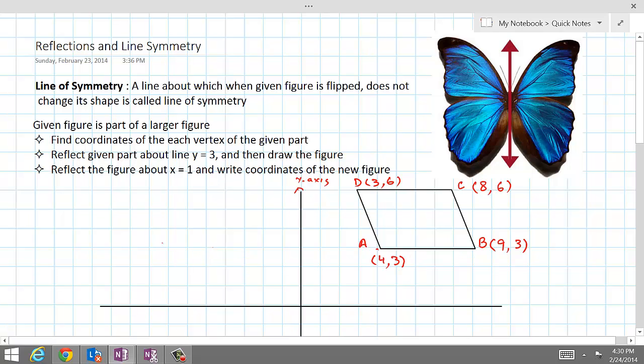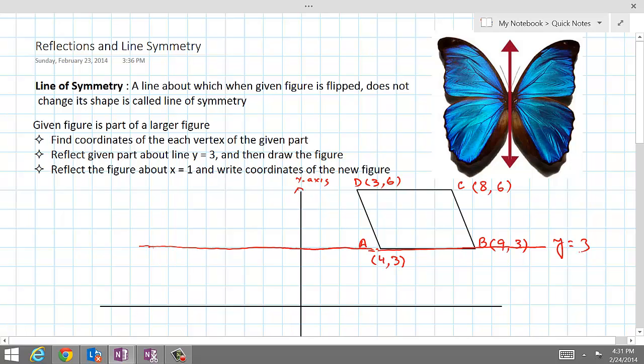It means that on this line, y will always remain 3, because this is the height of 3 units from the horizontal. So let's call this y equals 3.